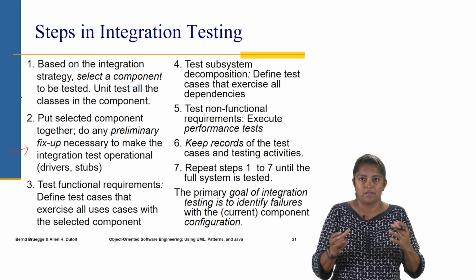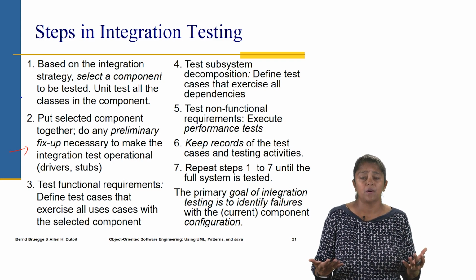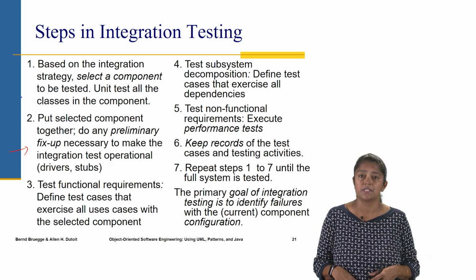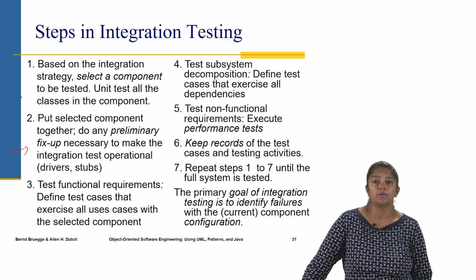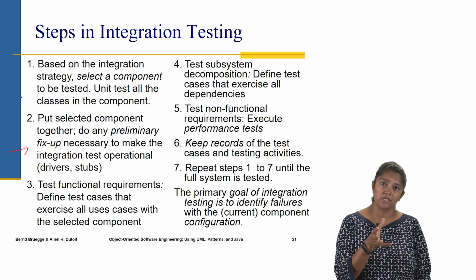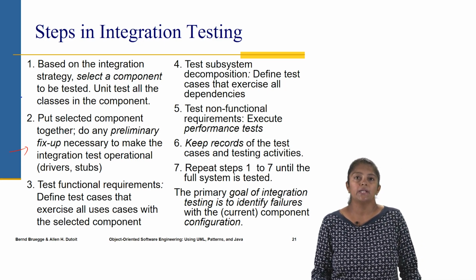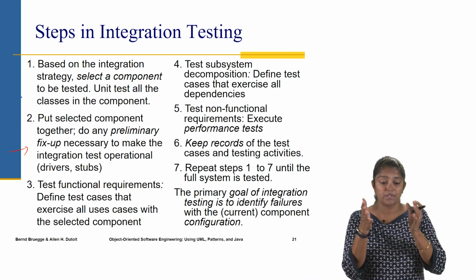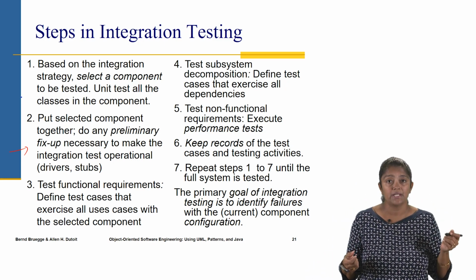So what are we testing when we put these systems together? We're testing all of the functional requirements. So test cases have to be written, and all of the functional requirements are tested using those test cases. And those test cases are specific to that selected component or components. Then we test the decomposition of the system. This is where we check all of the dependencies.